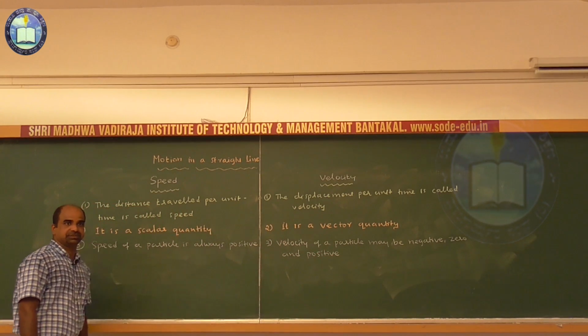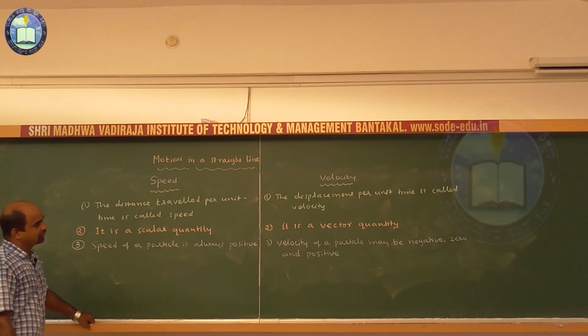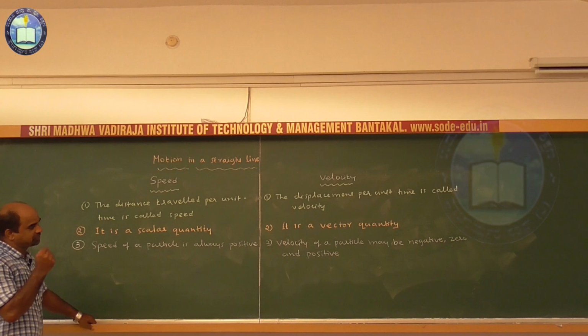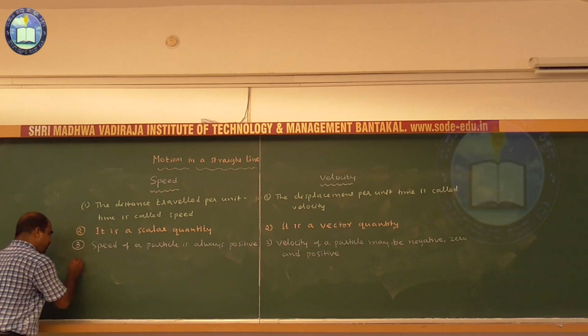This is the difference. But speed of a particle is always positive. Velocity of a particle may be negative, zero and positive. What about the fourth difference?